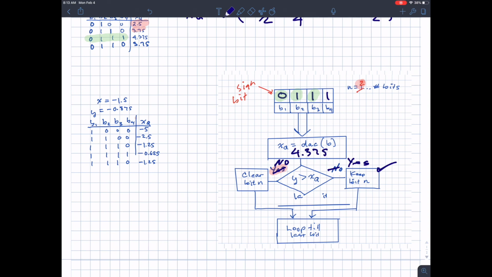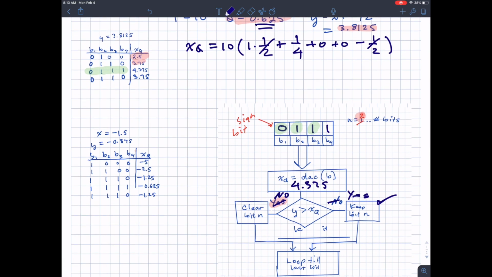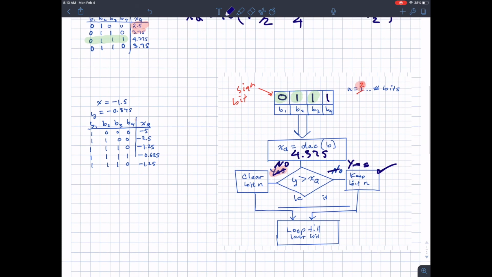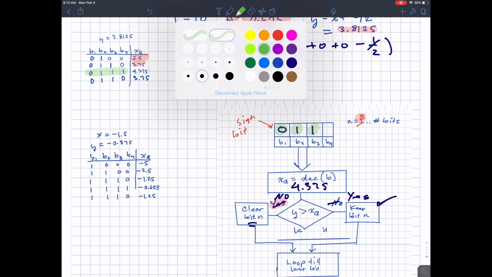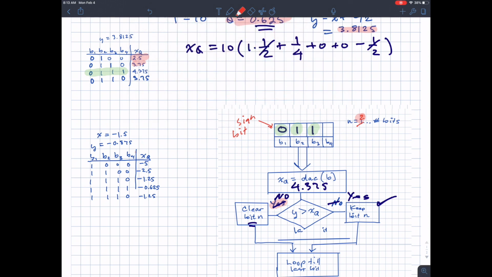The next step in the algorithm is, is 4.375 greater than 3.8125? It is not, and so we would clear that particular bit. This one gets set back to a 0. We can mark that in a different color, say red.